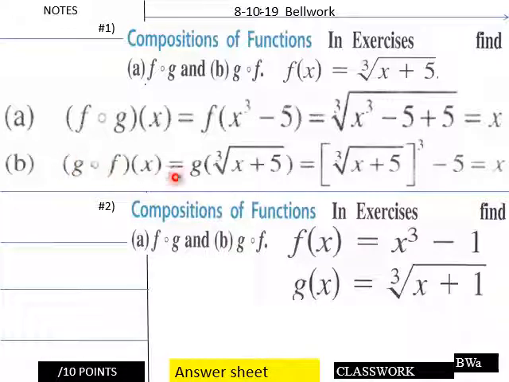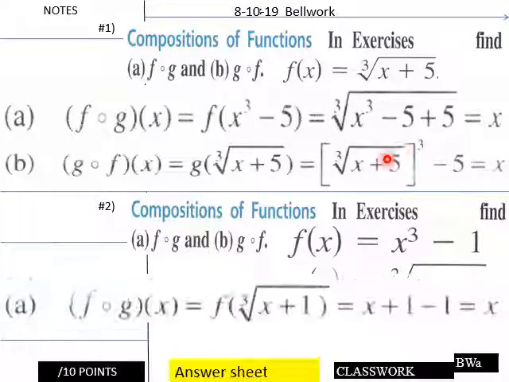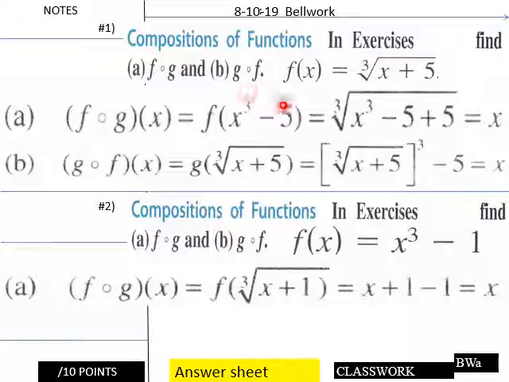And then for b, g of f of x, where g is the cube root of x plus 5, equals the cube root of x plus 5 cubed minus 5. Again, that equals x as well. So that means that they are inverse functions of each other.